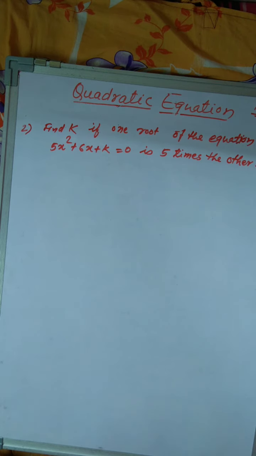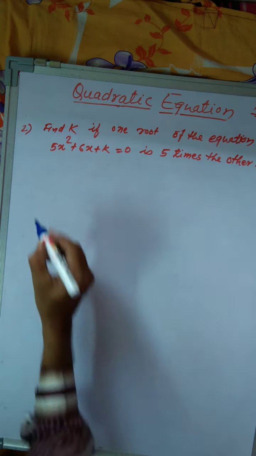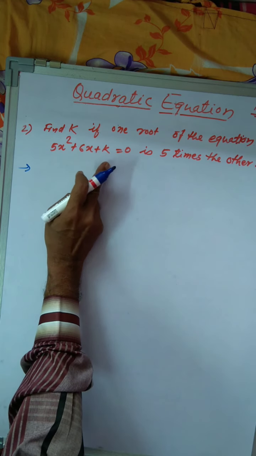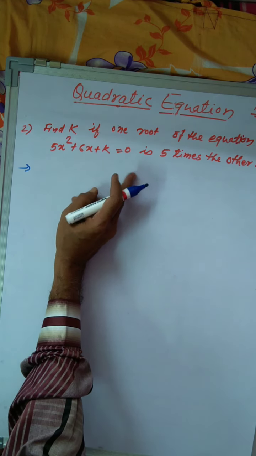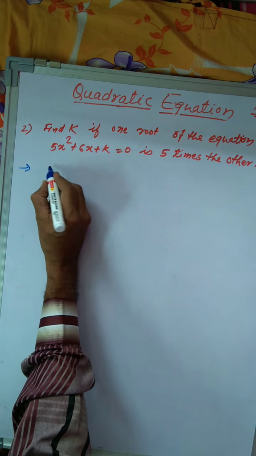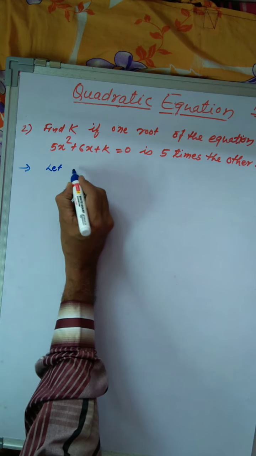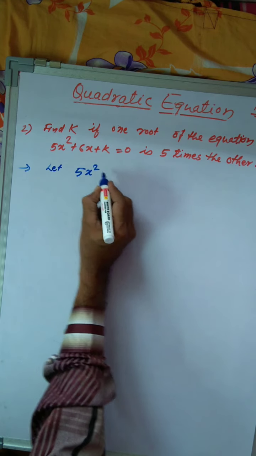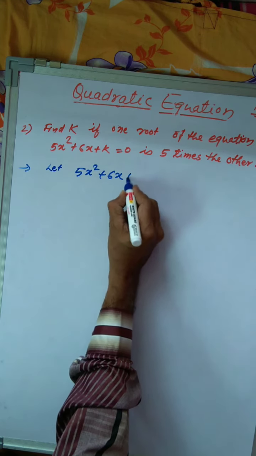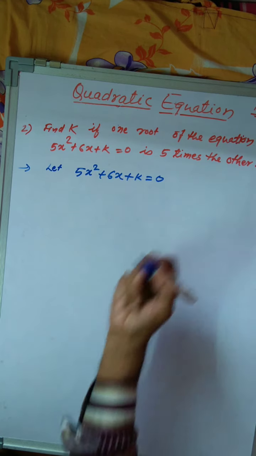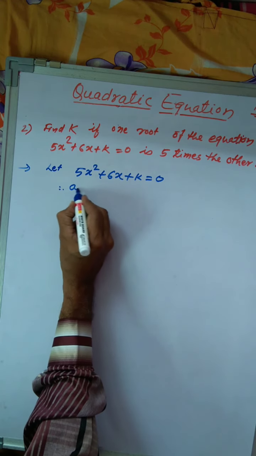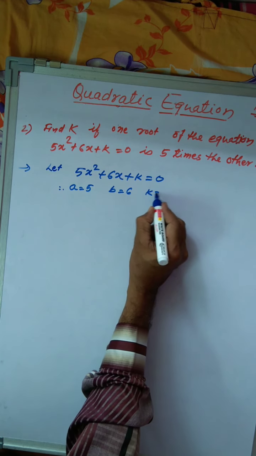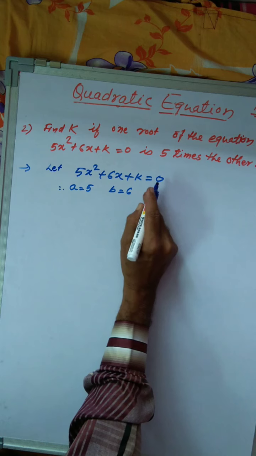Let the given equation be 5x square plus 6x plus k is equal to 0. That means a is equal to 5, b is equal to 6 and c is equal to k.